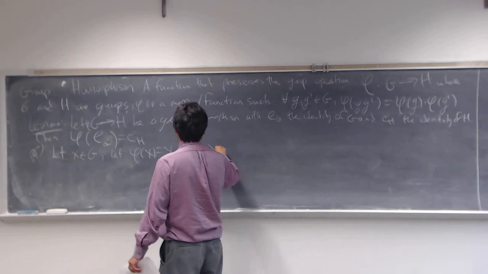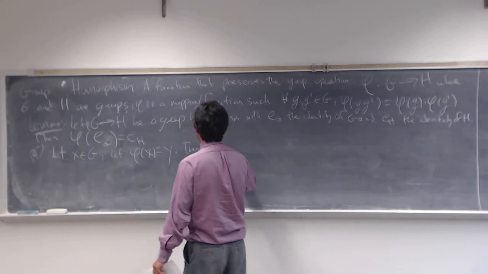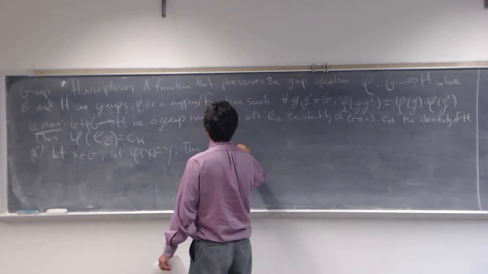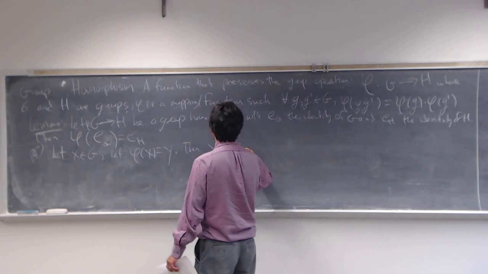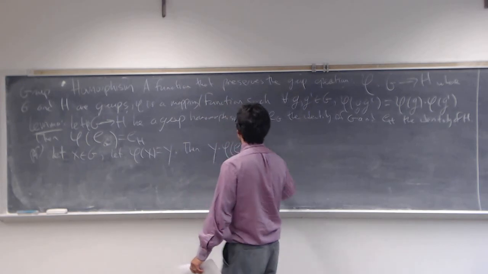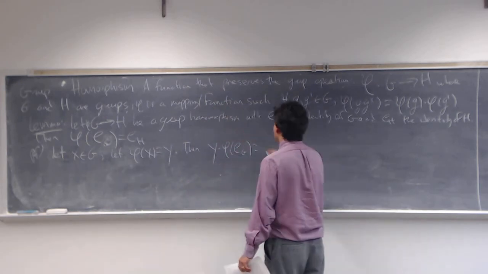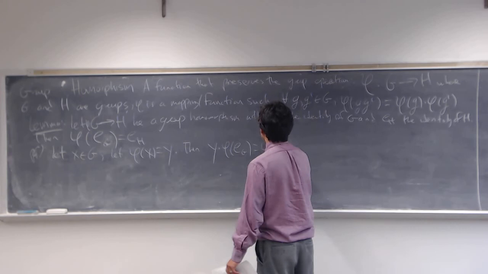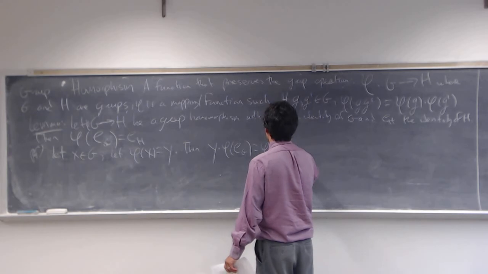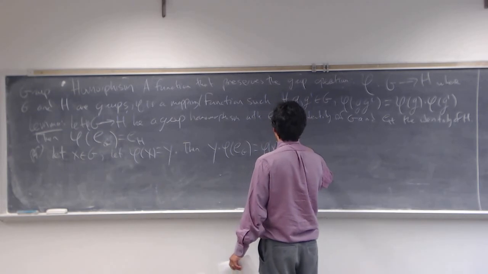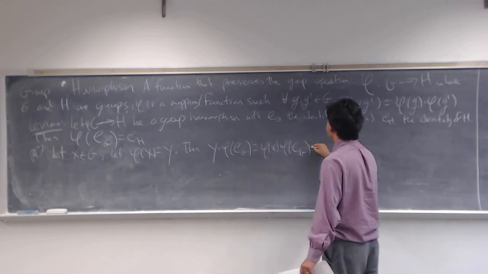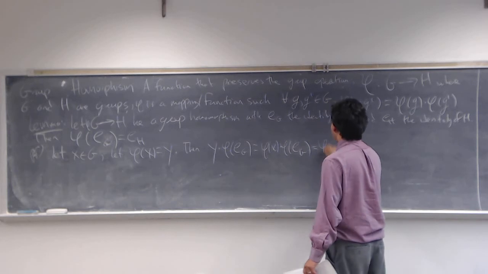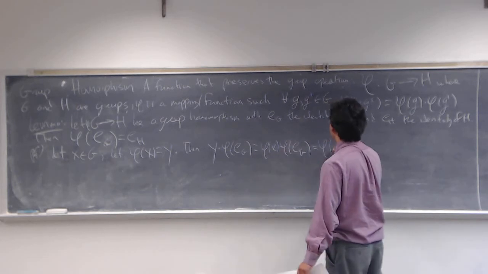Then if we look at y times phi of the identity of G, that's equal to phi of x times phi of e sub G, by the property that phi preserves multiplication.